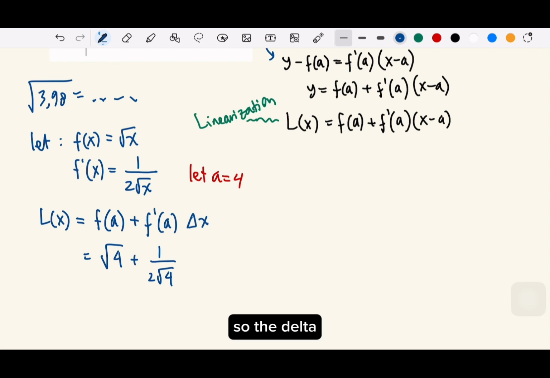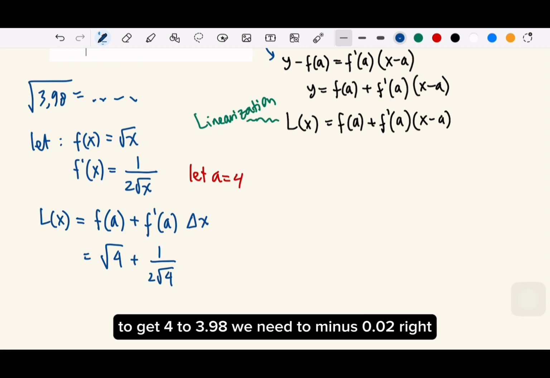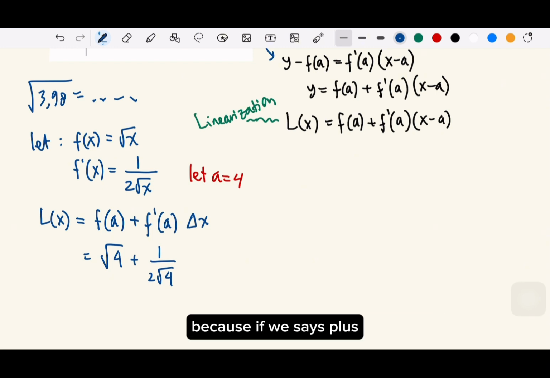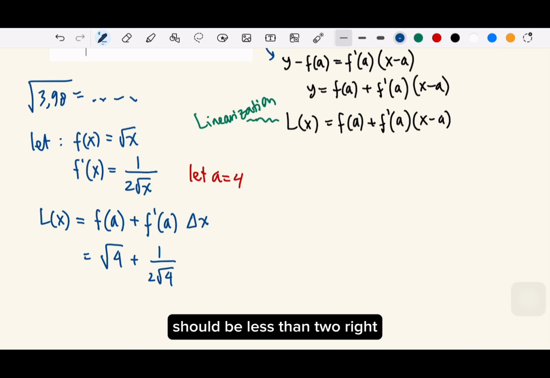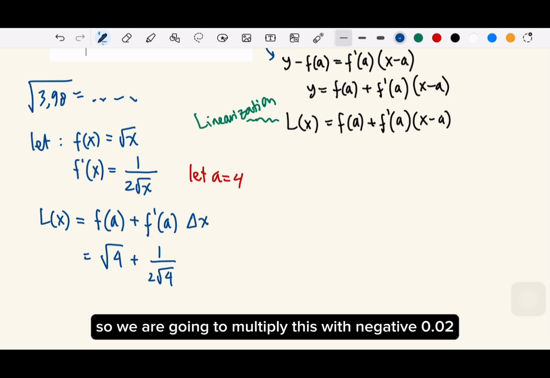To get from 4 to 3.98, we need to subtract 0.02, right? So we are going to write the delta as negative, because if we say it's positive, it doesn't make sense. It's not logical, because this should be less than 2, right? So we are going to multiply this by negative 0.02.